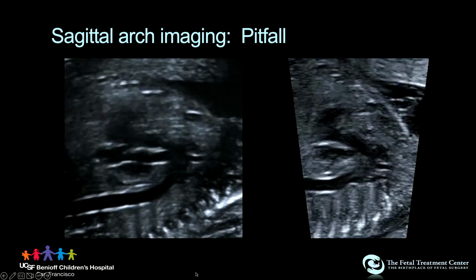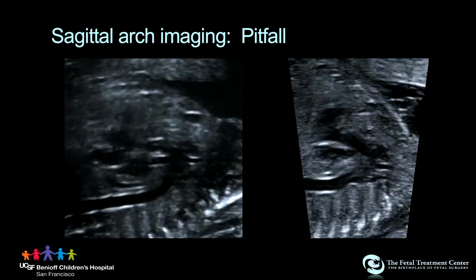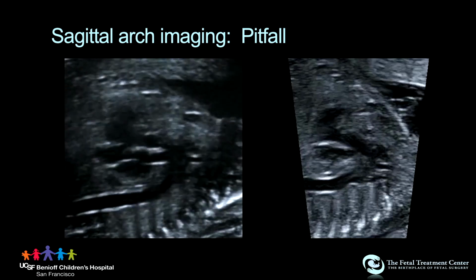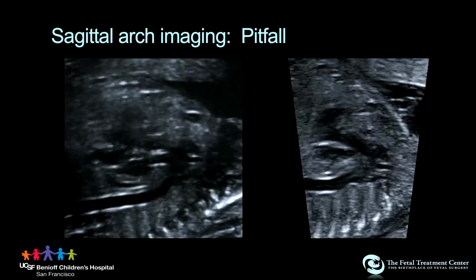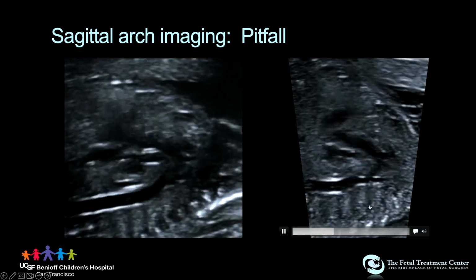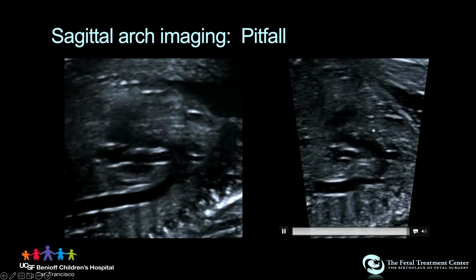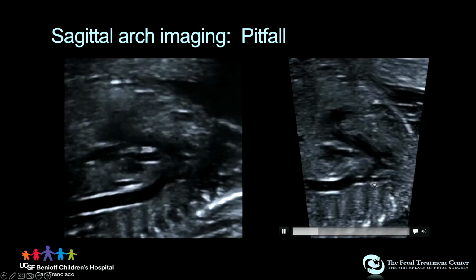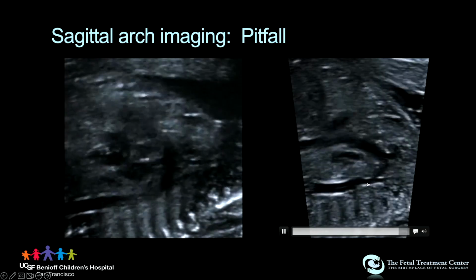You're not really differentiating between the two, and you can be fooled to think that the aortic arch looks completely normal. But if you really try to pull out the aortic arch and differentiate between the two, you would see that this aortic arch clearly is hypoplastic and that there's a discrete coarctation at the isthmus.